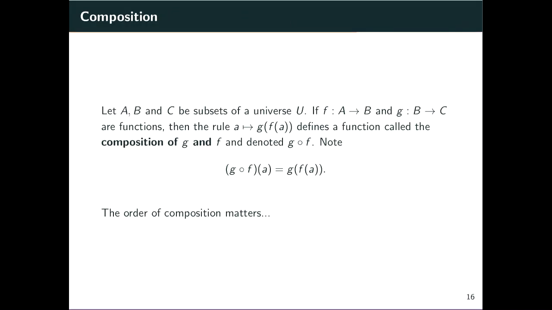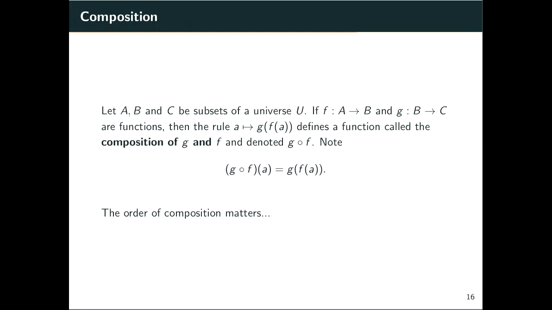Okay, so another thing you can consider is applying a function and then applying another function afterwards. So let's take three sets now. We've got A, B, and C, and they're all subsets of some universal set U. If f is a function from A to B, and g is a function from B to C, then the rule A goes to f applied to A, and then g applied to f of A, defines a function called the composition of g and f.